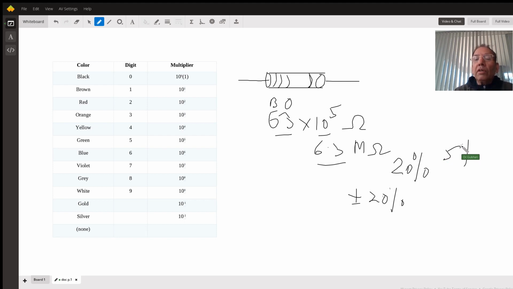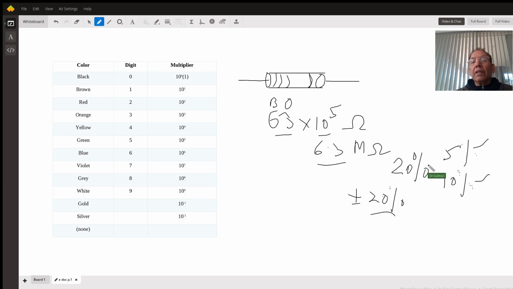So 5% tolerance if the gold line, no line means 20%. And if the silver line, then the tolerance of this resistance is 10%. So a 5% tolerance resistance is better than a 10% tolerance resistance, and a 20% tolerance resistance is quite inaccurate.